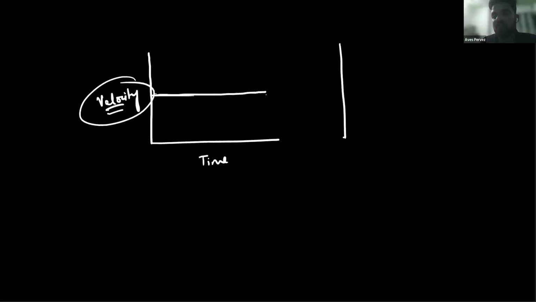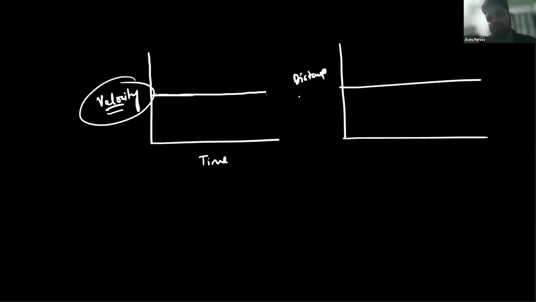If I'm saying this is a position time graph or distance time graph, you know that this line is parallel to the time axis.